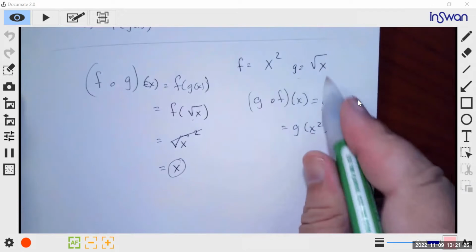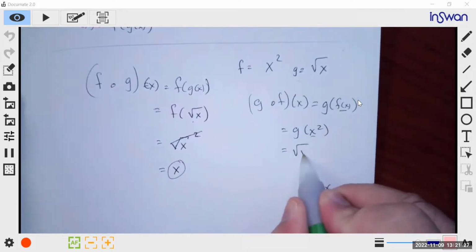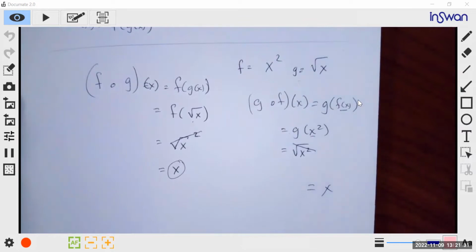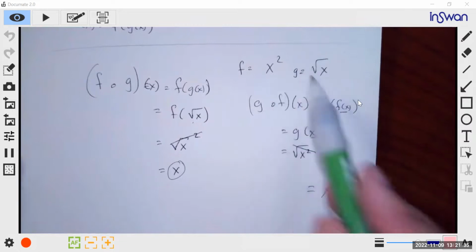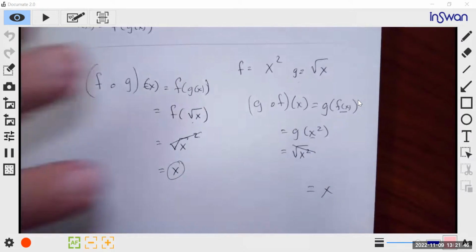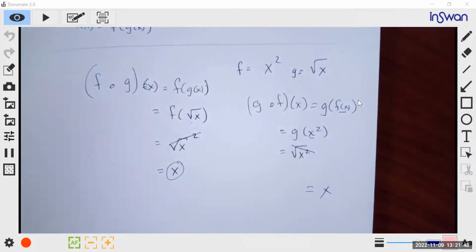If we put x squared inside that, x squared and the square root cancel, so we're left with x. So that's how you can prove that these two functions are called inverses of each other. In other words, they cancel each other out. And that's why we have to be very, very strong in this f of g and g of f stuff, the composite functions.